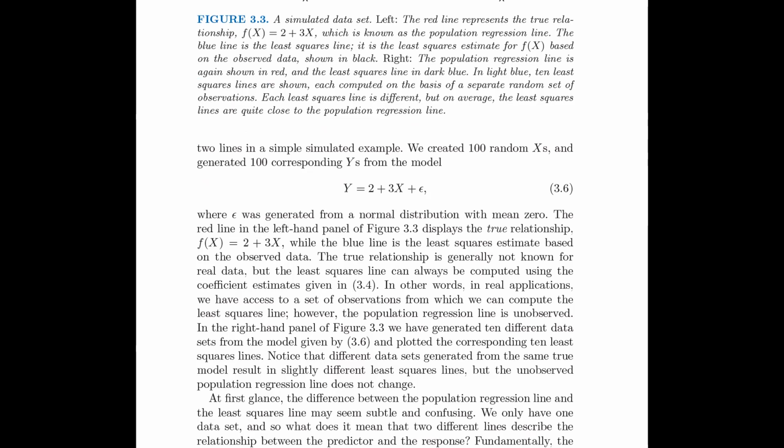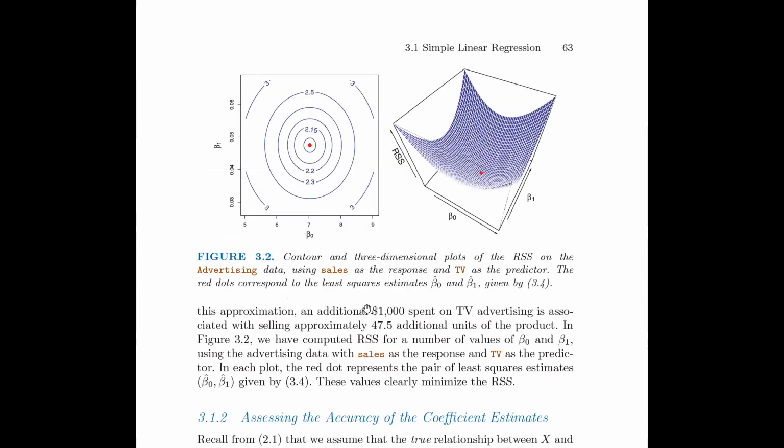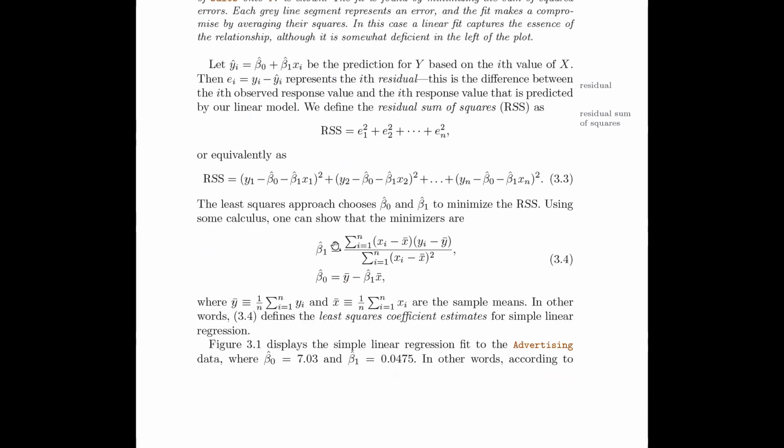You know everything once you know the true relationship. But the least squares line can always be computed using the coefficient estimates given in 3.4. We have these two formulae which are solving a pair of simultaneous equations where you're equating the gradient to 0.